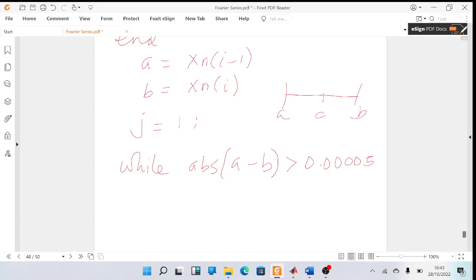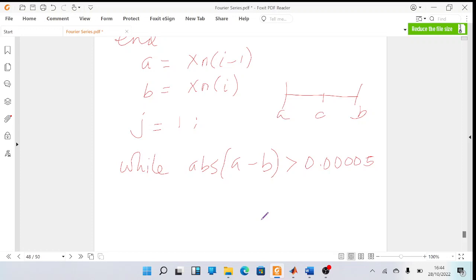If the interval is small enough, then the value of c will be a very good approximation to the root. But as long as the interval is large, then the value of c will not be a very good approximation. So I want to make the interval between a and b very small, then I pick a value c. So this will be the stopping criteria.